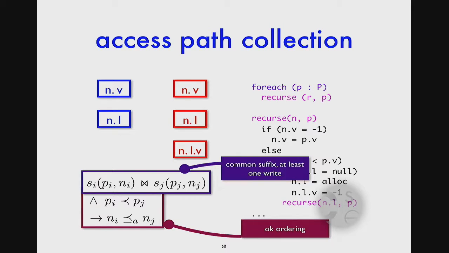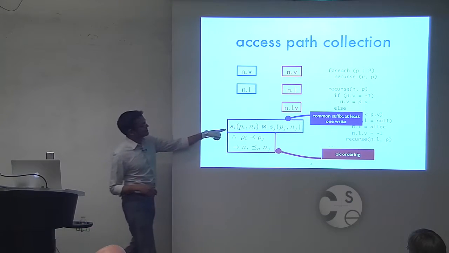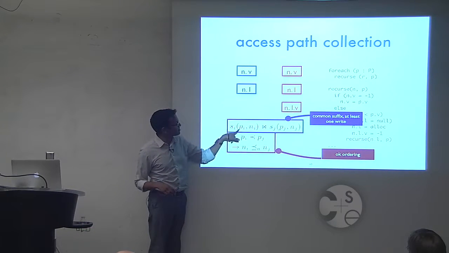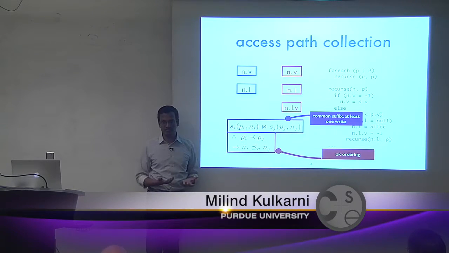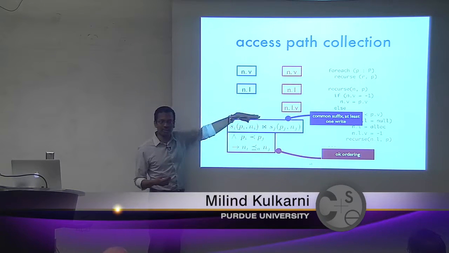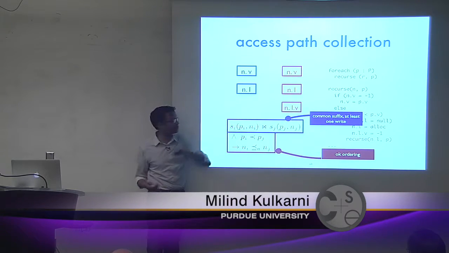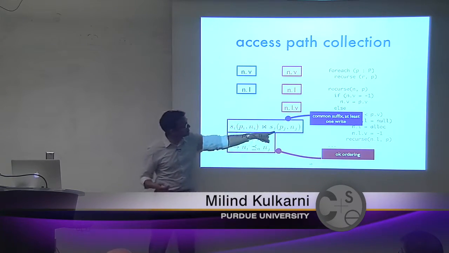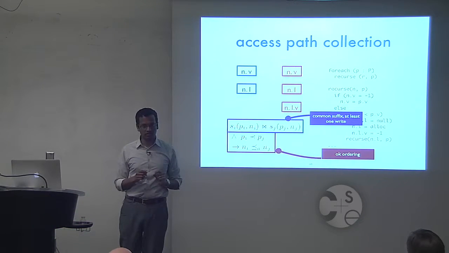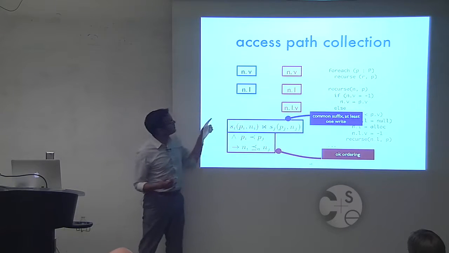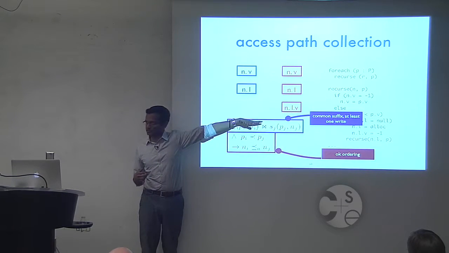So what does that mean? Well, for a pair of iterations, remember, I'm talking about some arbitrary pi and ni. I don't actually know what p is, and I don't know what n is. But I have information about what I'm going to access relative to a particular node in the tree. So it's possible that I have two iterations that access the same location, and in a bad way, if I have two access paths that have a common suffix.